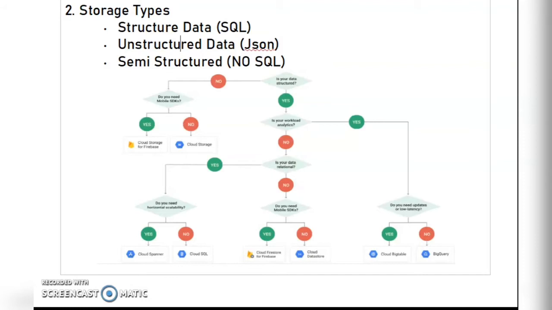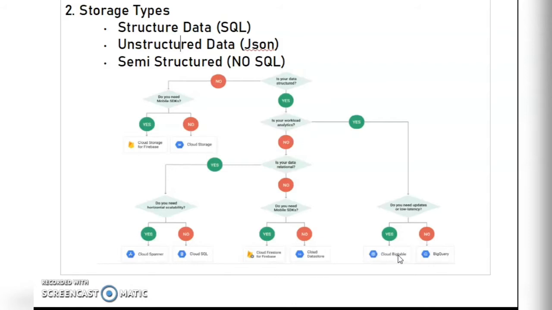If you are looking to store relational data, Google Cloud has something called Cloud SQL for you. If you want your data to be analyzed, then Google has something called BigQuery for you. If you are looking to store data in petabytes, then Google has something called Cloud Bigtable for you.